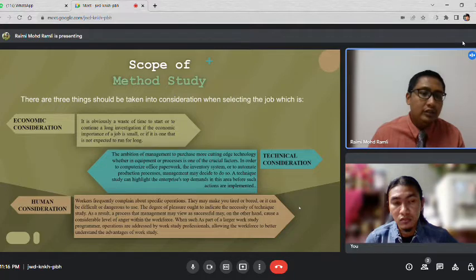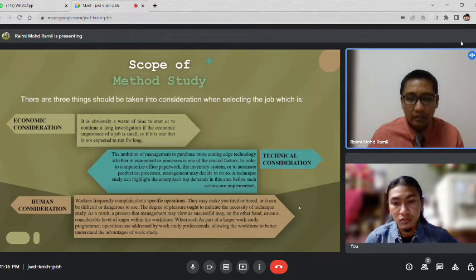And the last consideration is human consideration. Workers frequently complain about specific operations. They make you tired or bored, or they can be difficult or dangerous to use. The degree of pleasure of staff indicates the necessity of a method study.